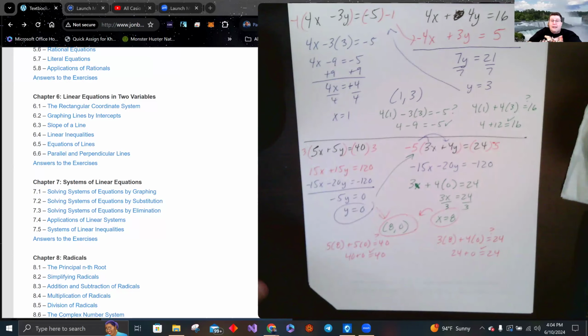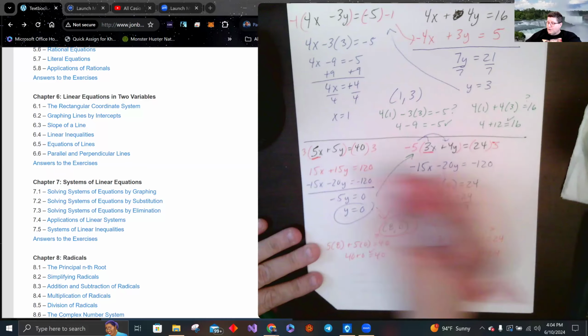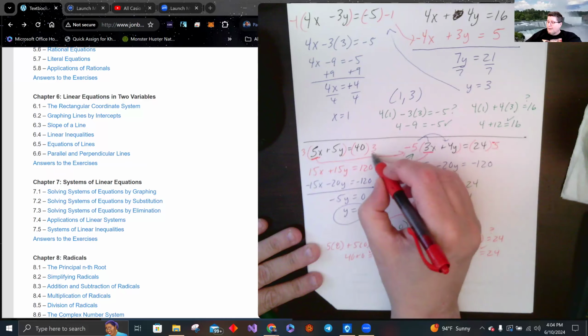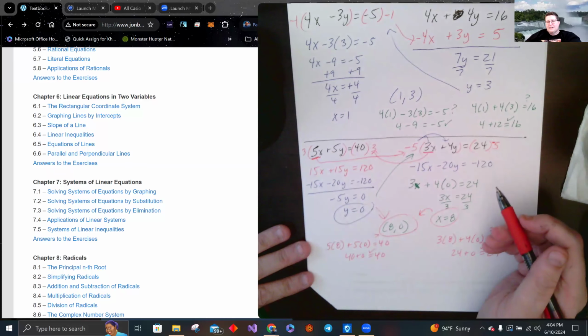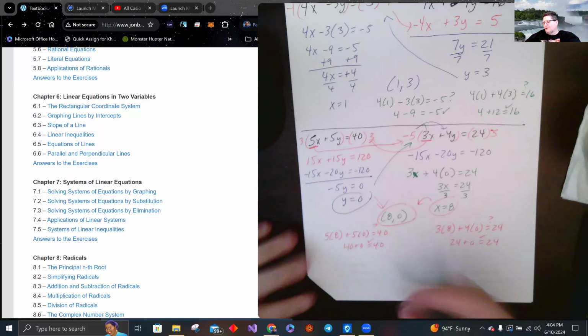And let's just look at what I did. This has a 5. This has a 3. So I took the 5 and put it over there, and I took the 3 and multiplied by that. That way, it's like using the LCD of the coefficients.